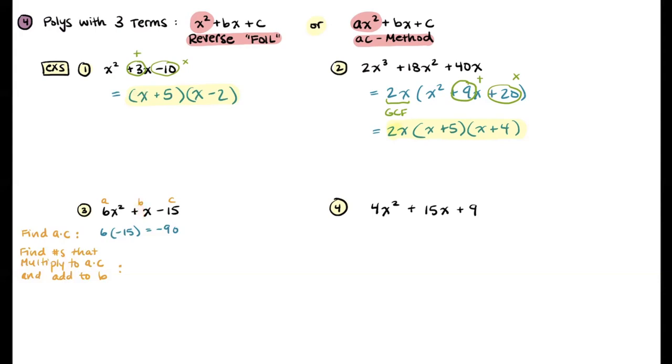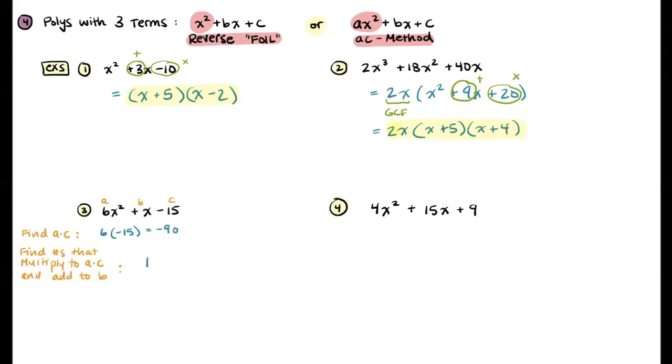And I think that we do have numbers, right? 10 and 9 go to 90 and they're 1 apart. We need them to be opposite signs to multiply to -90. And we need the 10 to be positive so that they add up to +1. So we have +10 and -9 as our numbers.